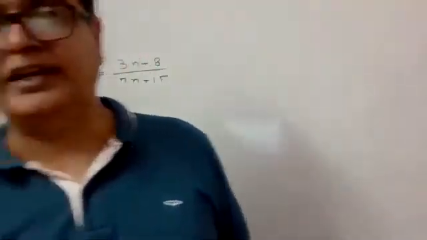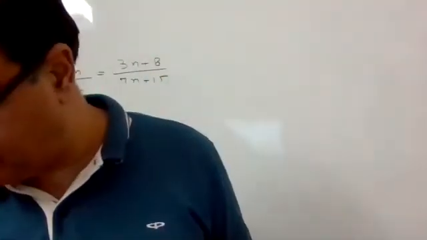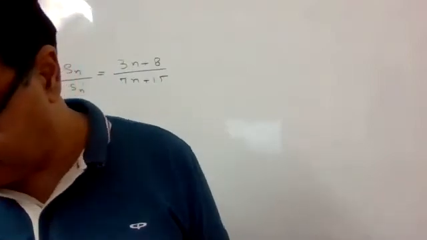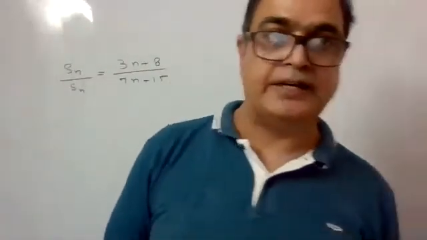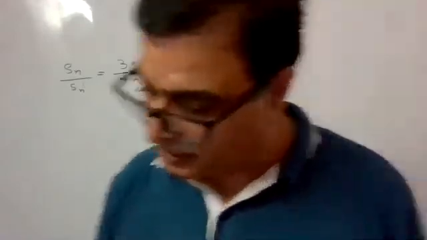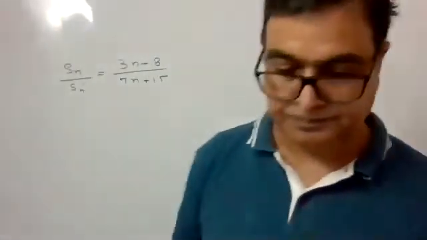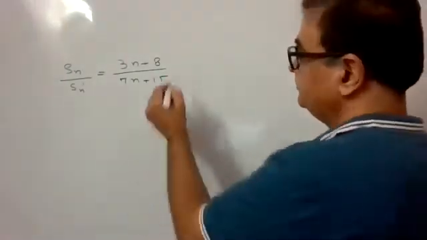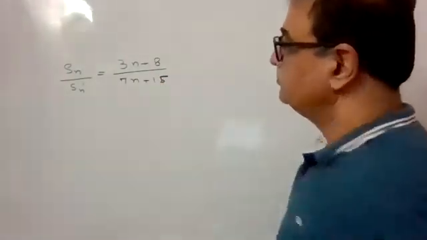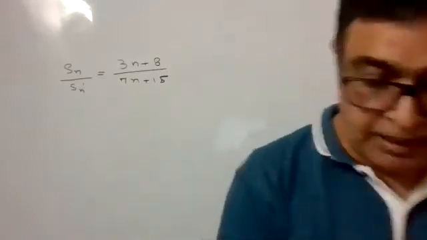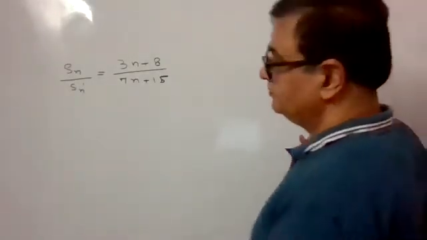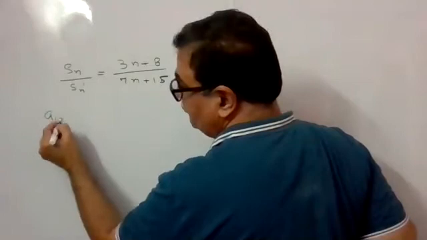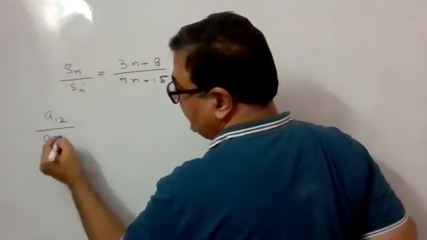Then the question is, find the ratio of their 12th term. Please do it. Ratio of their 12th term I want. That means A12 by A12 dash we want.